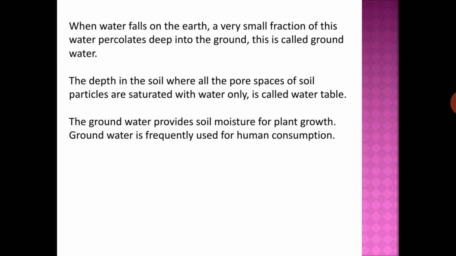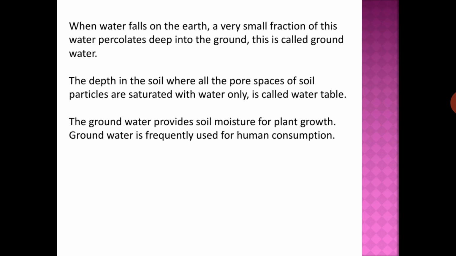When water falls on earth, a very small fraction of this water percolates deep into the ground. This is called groundwater. We all know that groundwater is absorbed by the small pores between the soil. To fill that gap, there will be absorption of water.